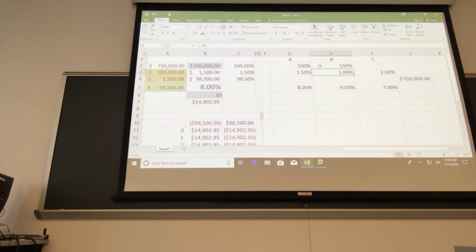That is 100%, and this is 100%. But in all cases, the amount of money that he gets is different. This is the split that he has in percentages.